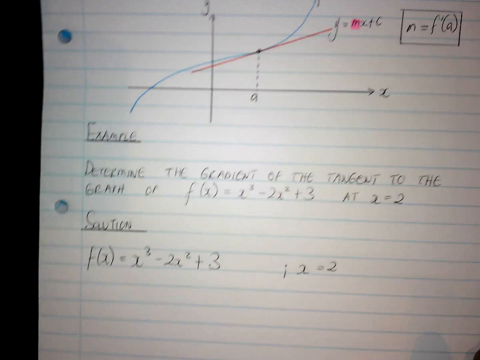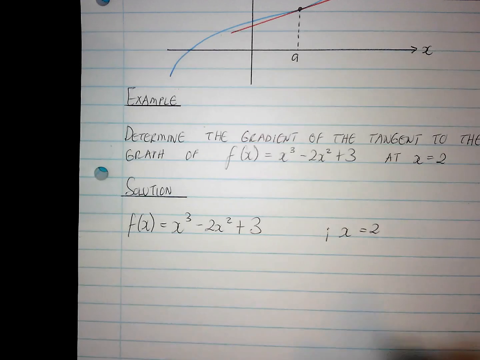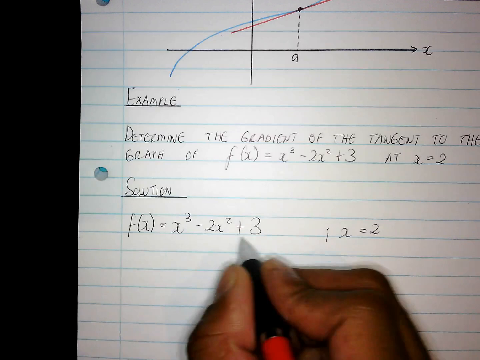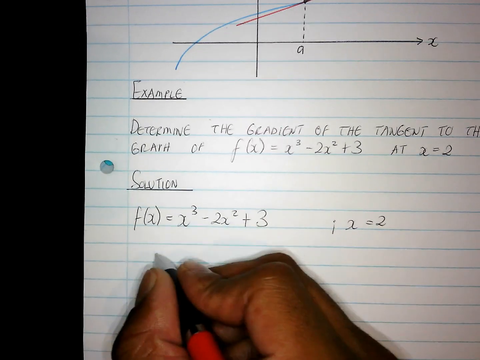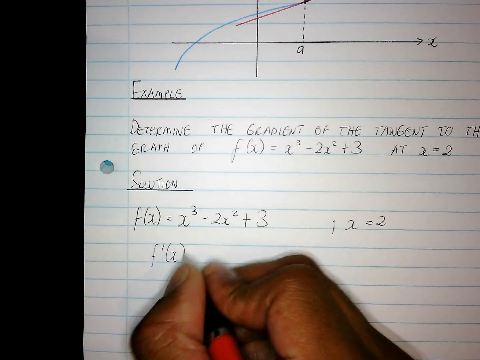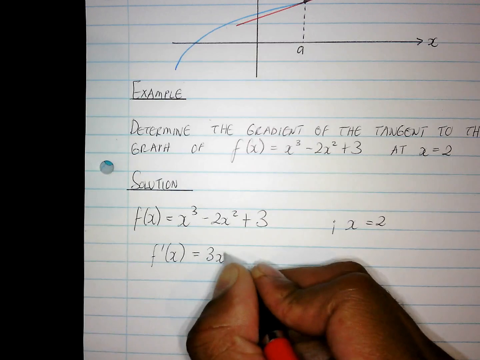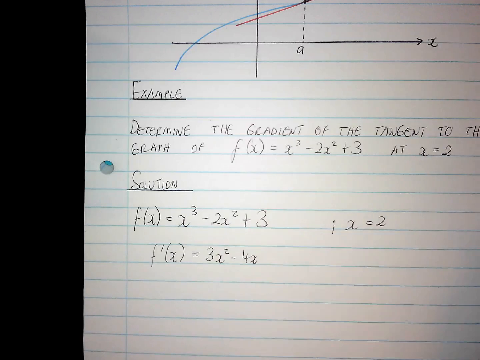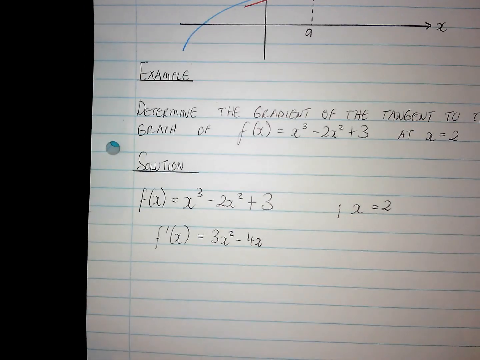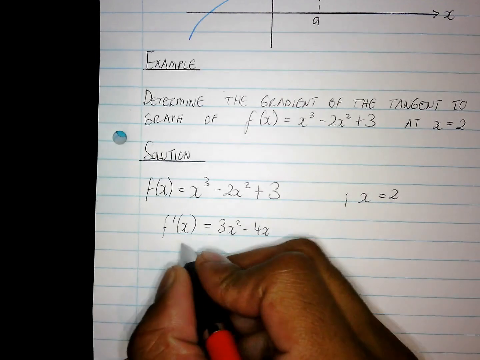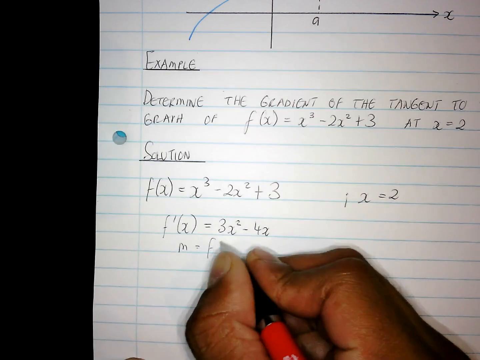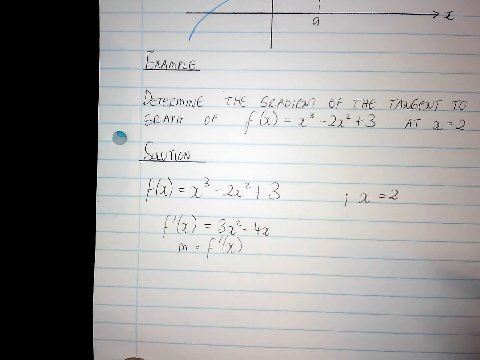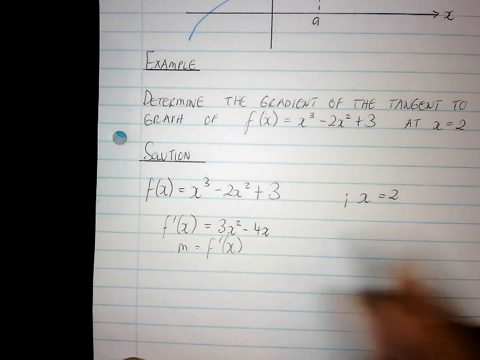Now let's check. So now to find the derivative, we have to differentiate this equation. So it's going to be the derivative of x is equal to 3x squared minus 4x, where the derivative of 3 is going to be equal to 0. Then from there, we know that m is equal to the derivative of y with respect to x.